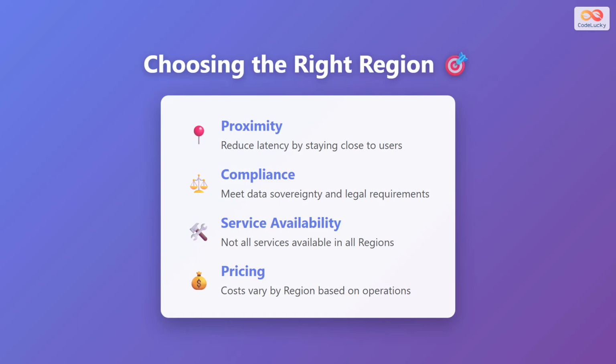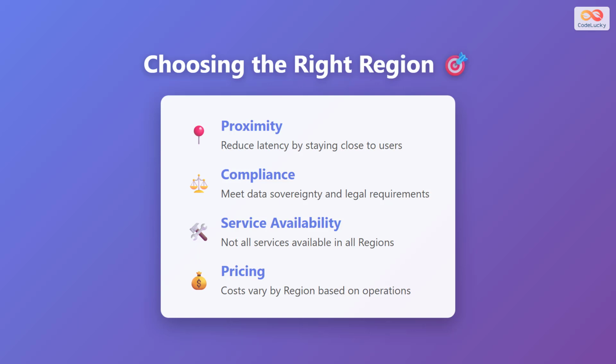When selecting an AWS region for your application, consider 4 key factors. First is proximity. Deploy in regions close to your users to reduce latency and improve performance. Second is compliance. Some industries and governments require data to stay within specific geographic boundaries, so choose regions that meet your data sovereignty and legal requirements.